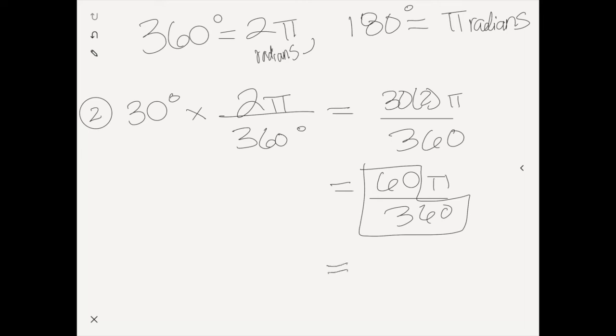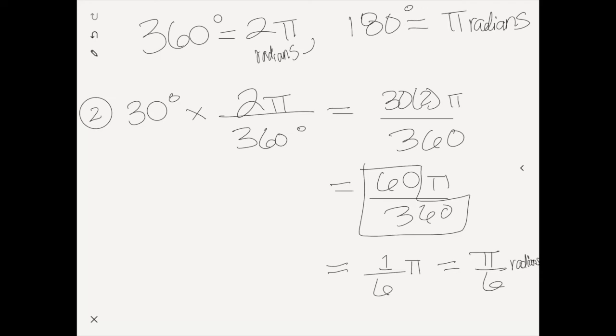If you divide both the top and the bottom by 60, you're going to get 1 at the top and 6 at the bottom. 60 divided by 60 is 1. 360 divided by 60 is 6. So I have 1 over 6 pi, or this is equal to pi over 6 radians.